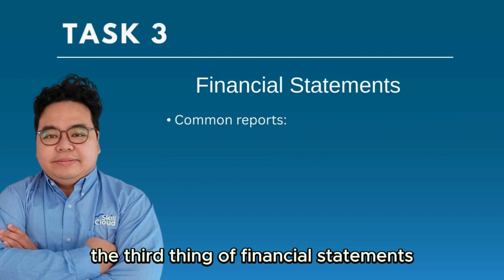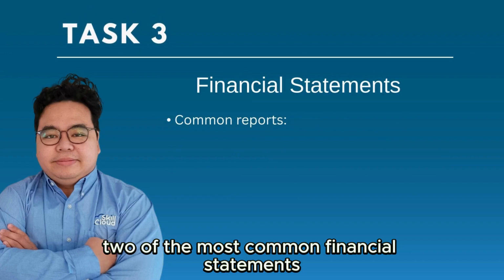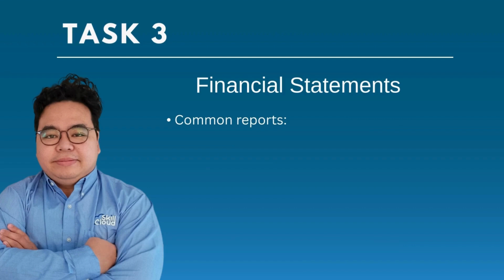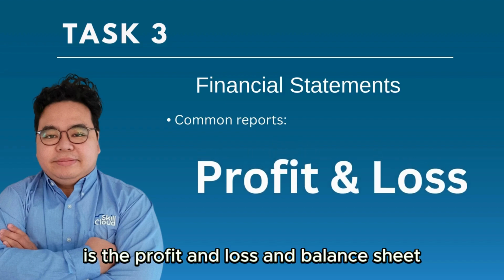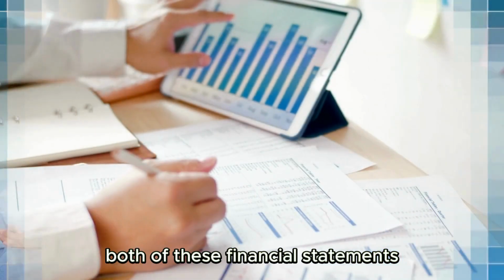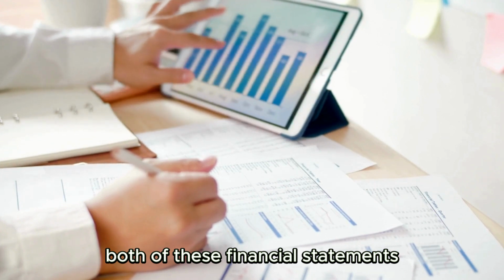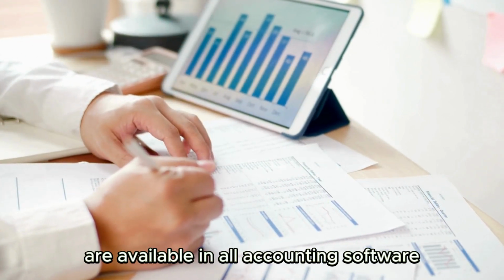The third thing are financial statements. Two of the most common financial statements that business owners or managers need to understand and generate is the profit and loss and balance sheet. Both of these financial statements are available in all accounting software.